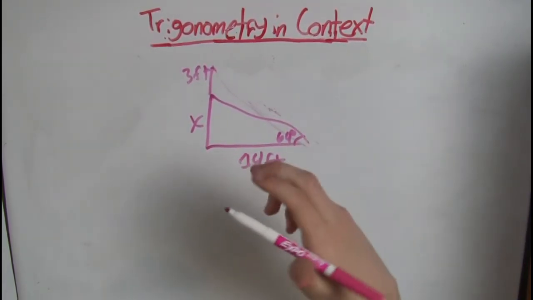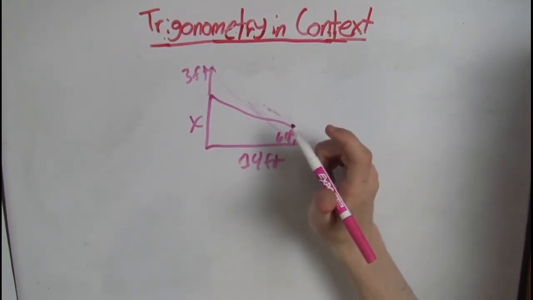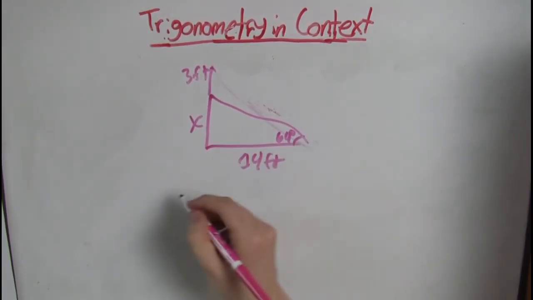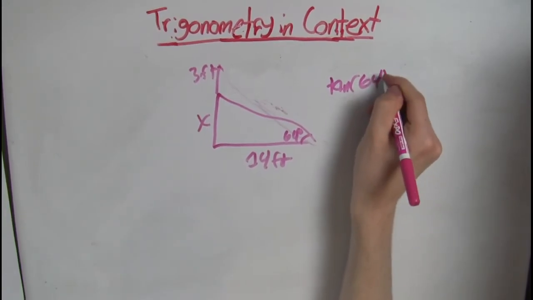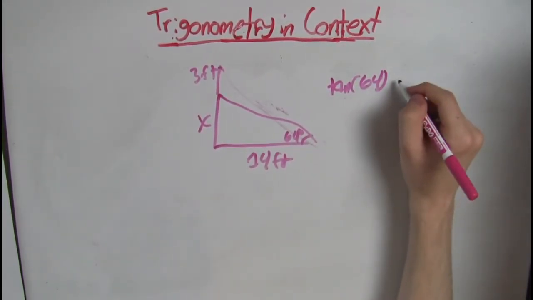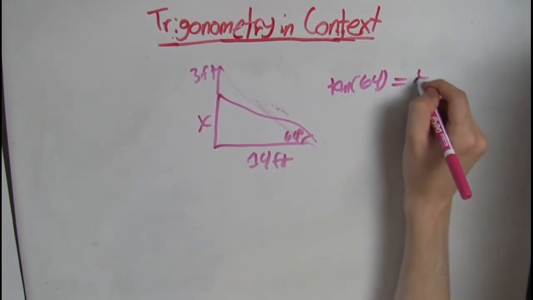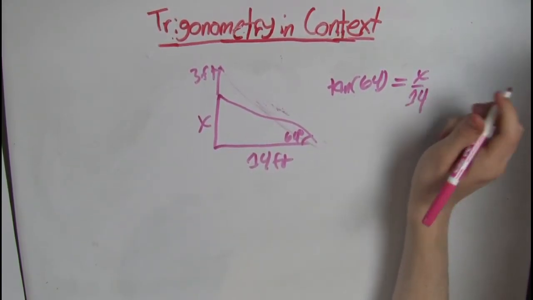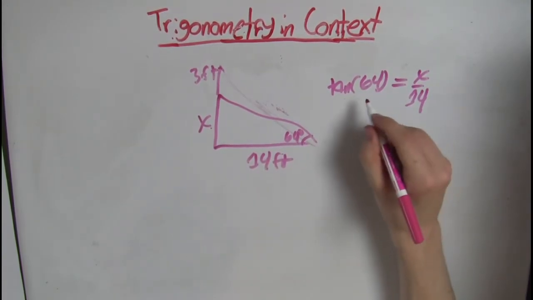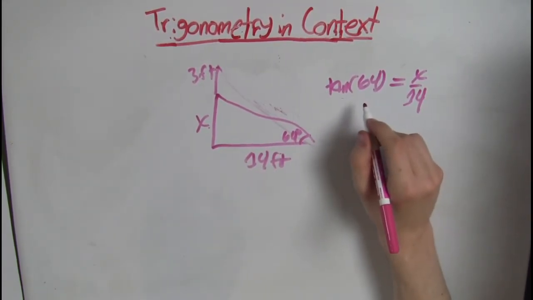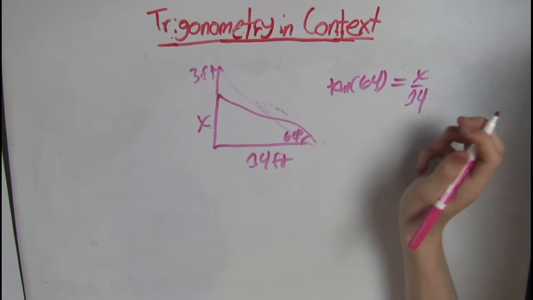And if you remember back to the earlier problem, we have a similar situation where we'll say, okay, the tangent of 64 is equal to x over 14, right? Tangent is opposite over adjacent, and here it's the opposite side, and this is the adjacent side. The tangent of 64 also has its own value.